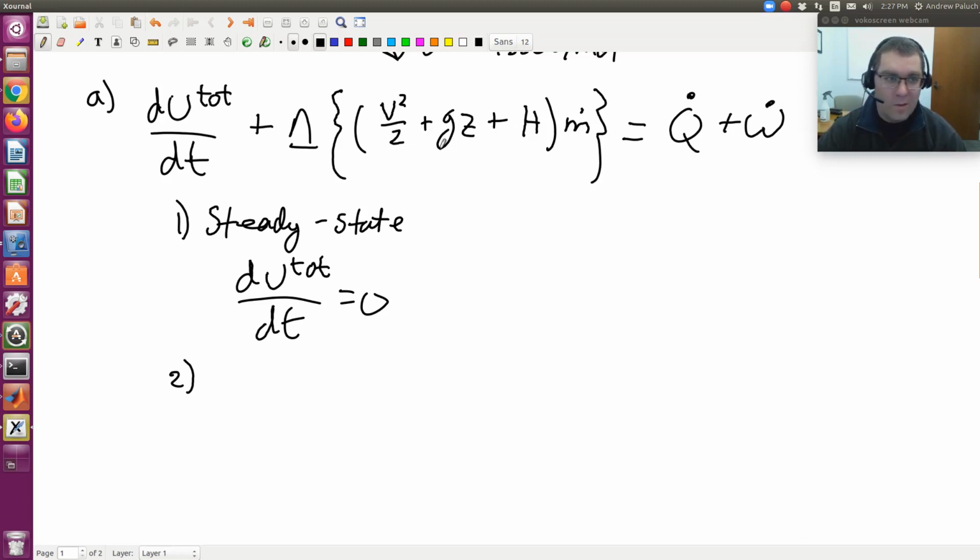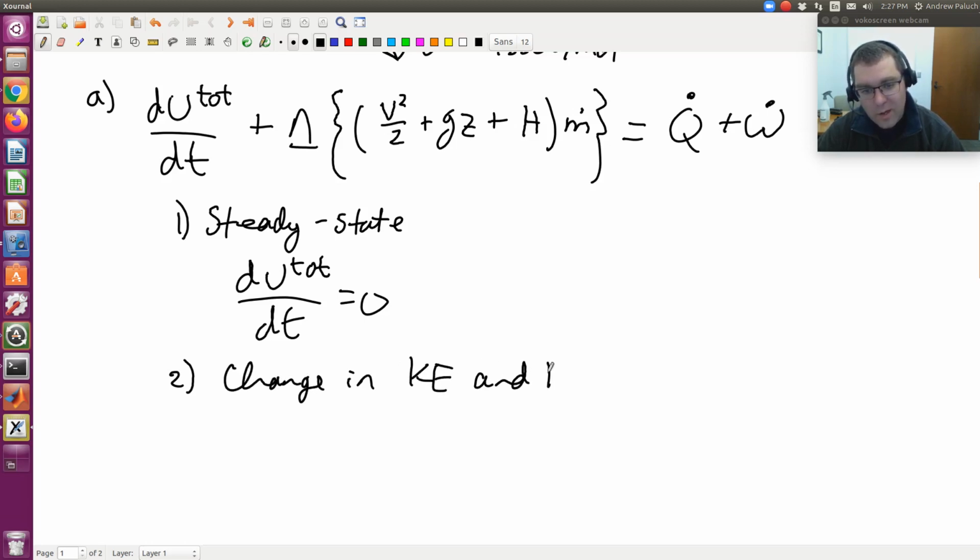We list them here to be included in general. And what I'm going to assume for this process is that the changes in kinetic energy and potential energy are negligible. So those two terms go away.